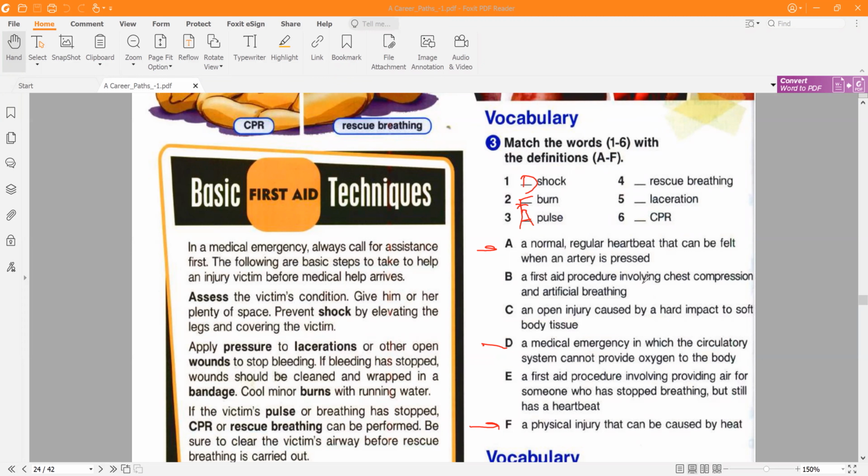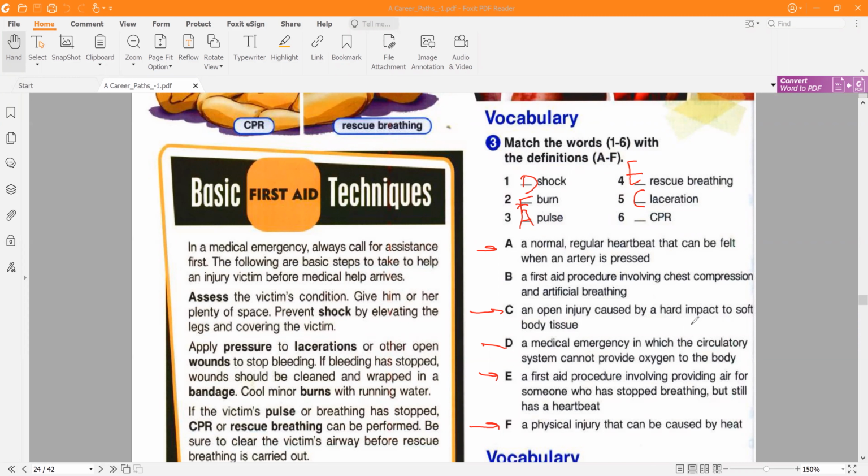Then number 4, rescue breathing. It is E. A first aid procedure involving providing air for someone who has stopped breathing but still has a heartbeat. Laceration is C. It is an open injury caused by a hard impact to soft body tissue.